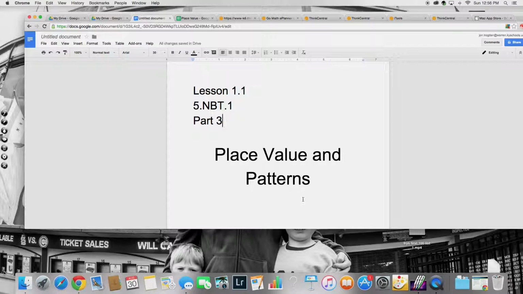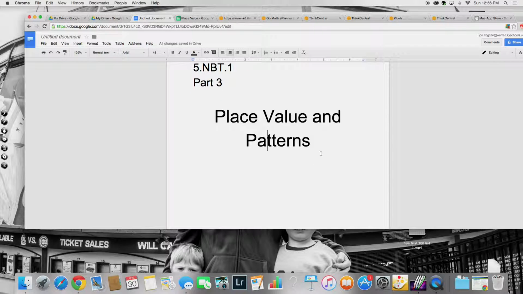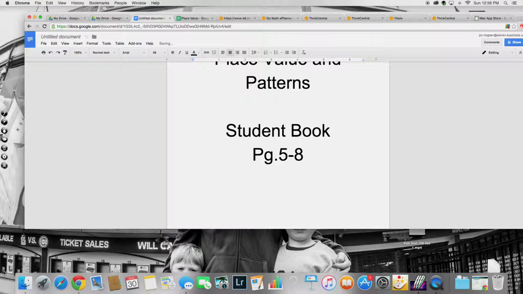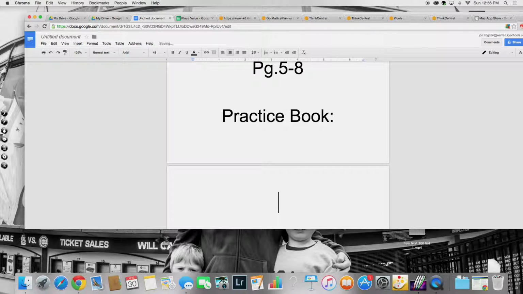But I'll write that on here. We're going to do out of your student book, pages 5 through 8, and then out of your student practice book, do P3, what did I say, P3, P4?